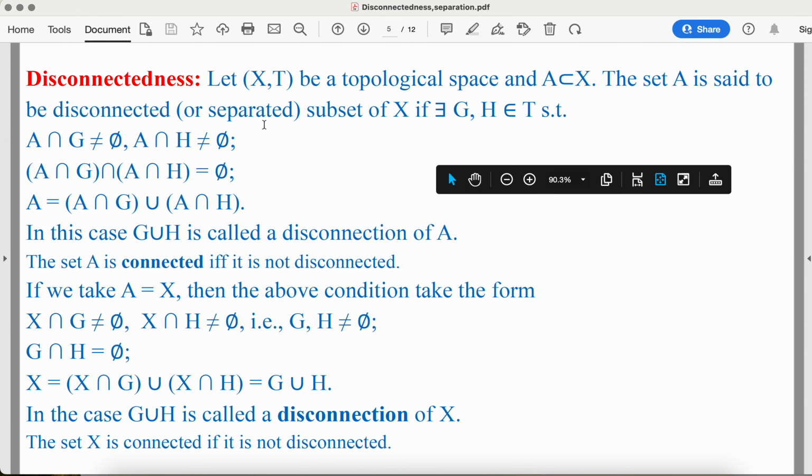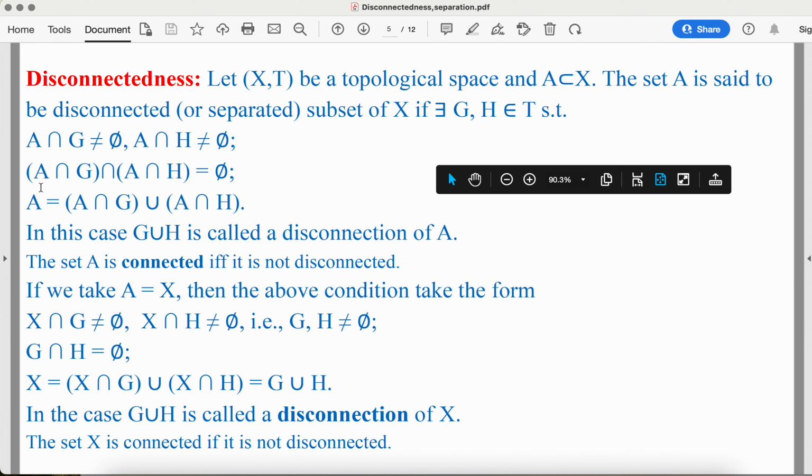Now, disconnectedness. Let (X, T) be a topological space and A a subset of X. The set A is said to be a disconnected subset of X if there exist G and H belonging to T, meaning G and H are open sets in T, such that, number 1, A and G are not disjoint, A and H are not disjoint.